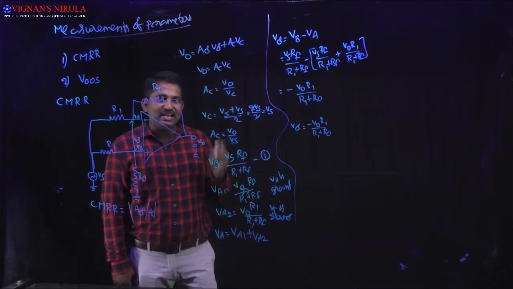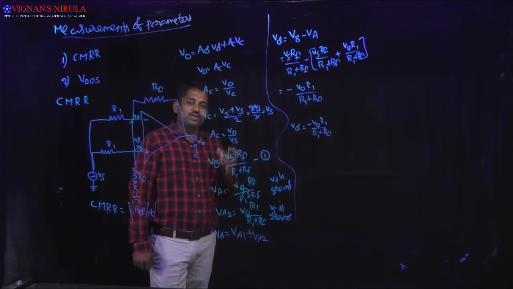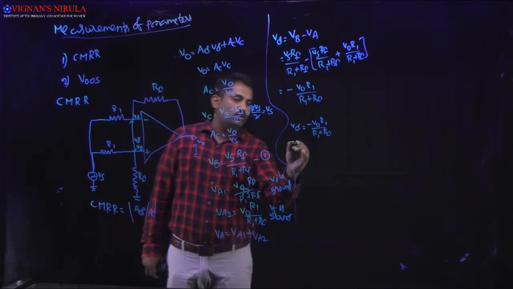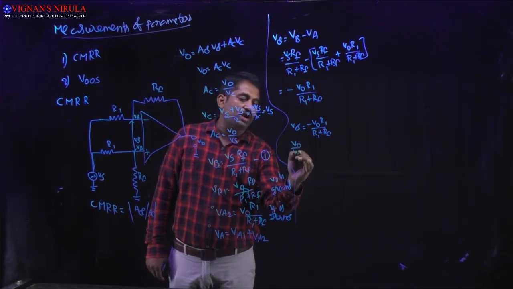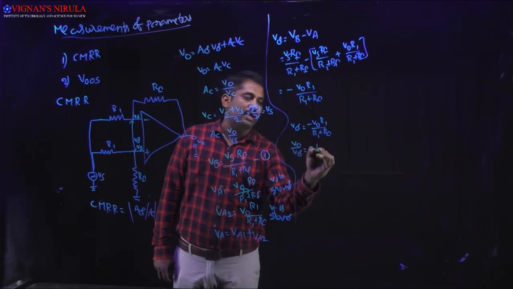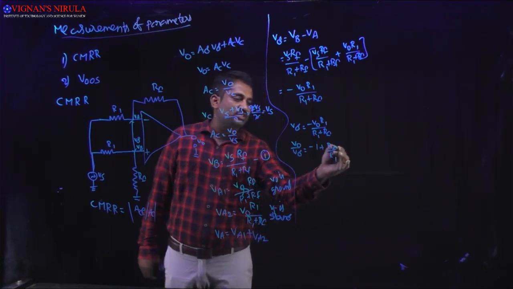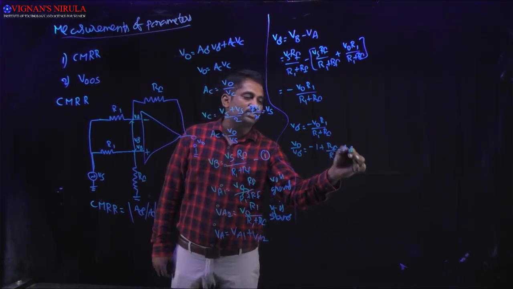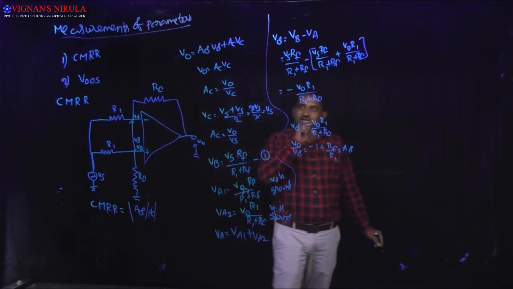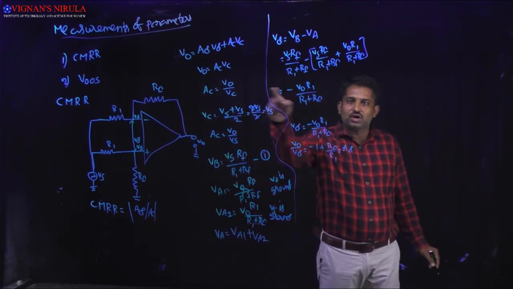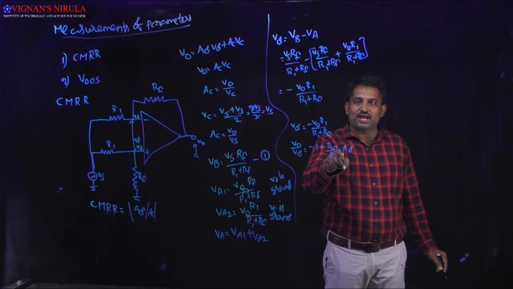So what is AD? AD is nothing but V0 divided by VD. So V0 divided by VD is equal to minus of 1 plus Rf divided by R1, which is the differential voltage gain AD. We already calculated the AC value and now we calculated the AD value.